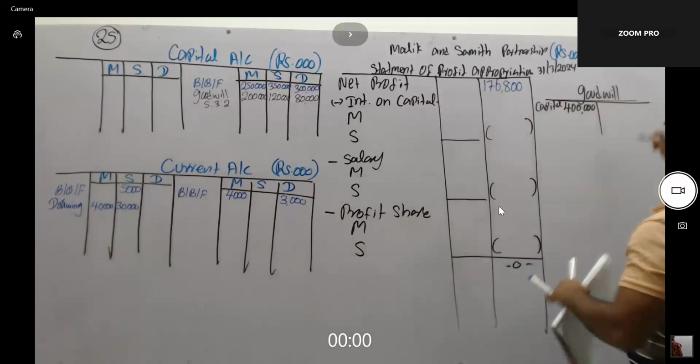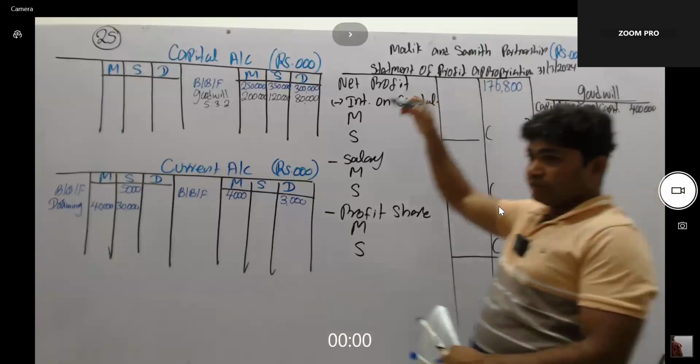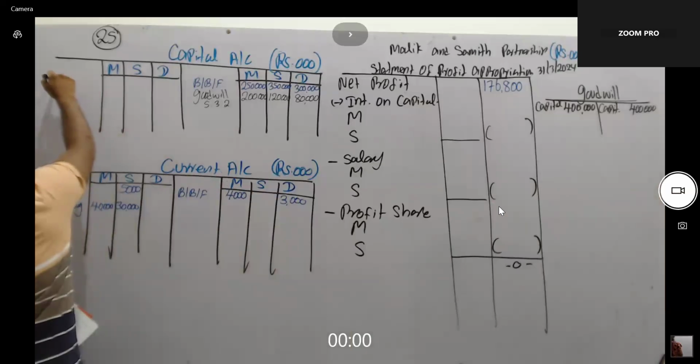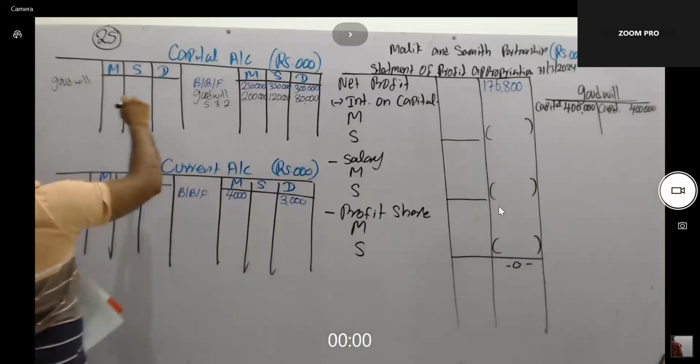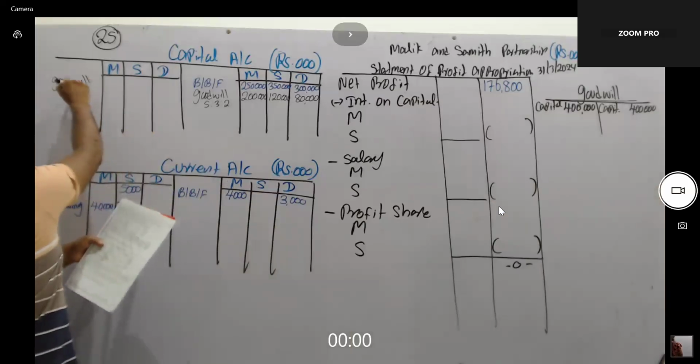Second step: goodwill account credit again 400,000, and capital accounts debit by using the new ratio as goodwill. Think second step: the new ratio is given in the agreement, 3:2.